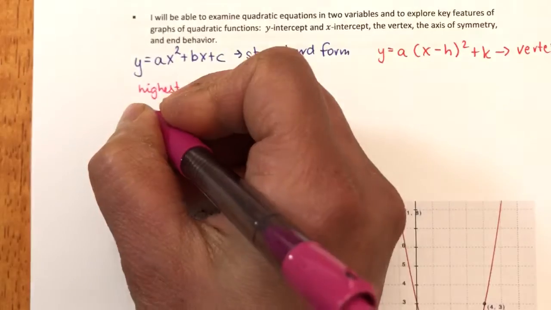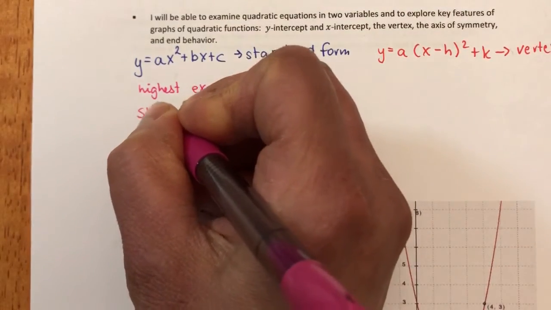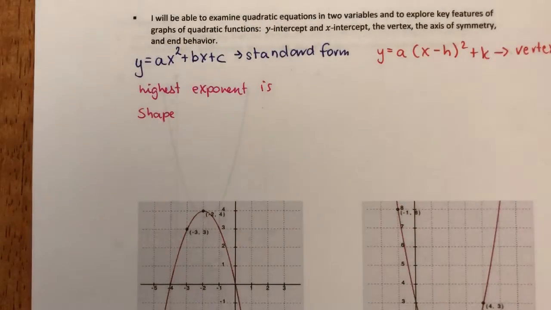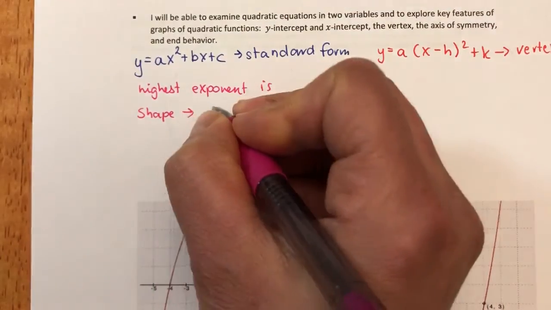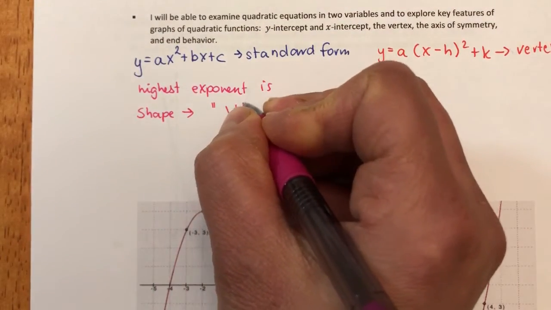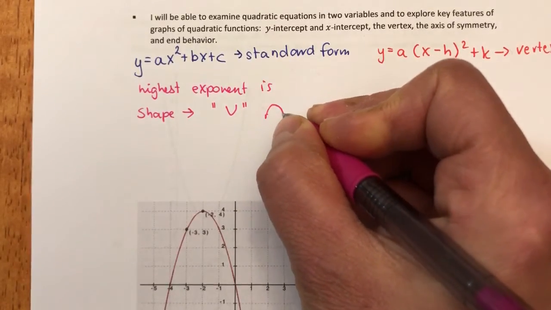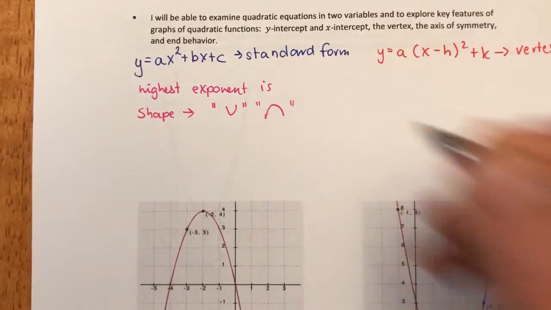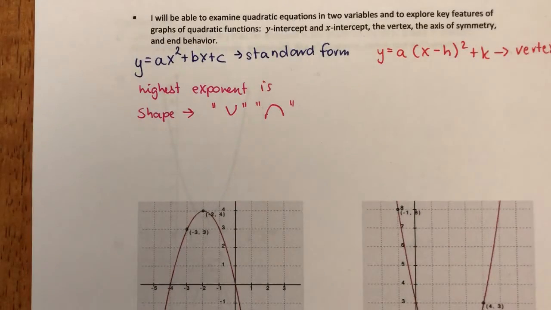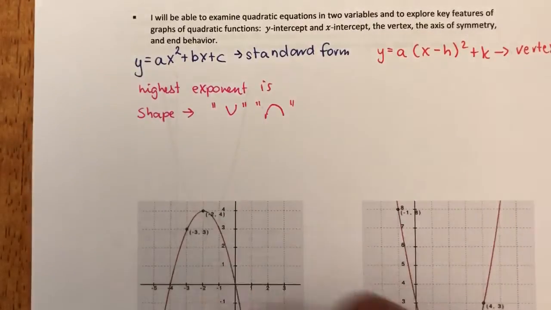Now, shape. As you see below, in the two examples of the parabolas, the shape looks like a U. It can look like this, but it can also look like this, and in a second we'll decide when our quadratic function is going to look like this and when like this.